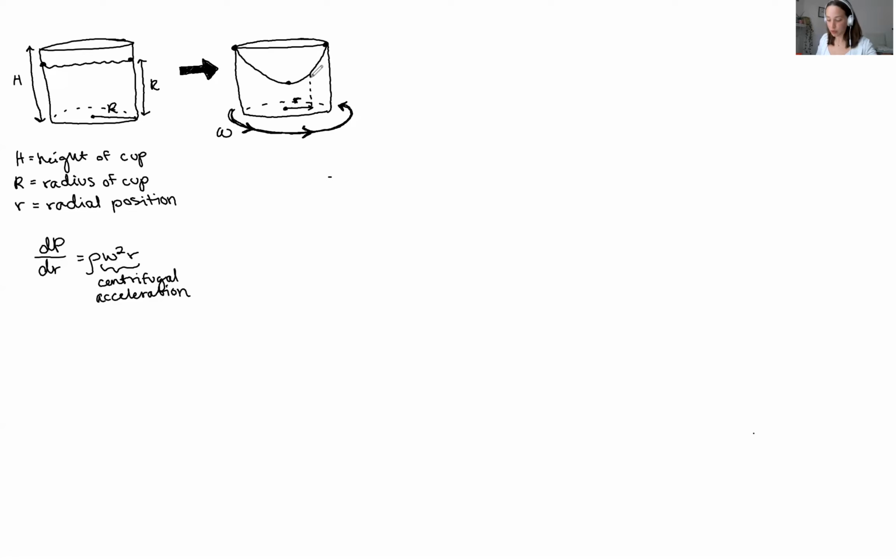out. So the first thing that we need to know is that the change in pressure with respect to radial position, small r, is equal to density times centrifugal acceleration, which is the angular frequency squared times the radius. So I'm going to take that equation first.